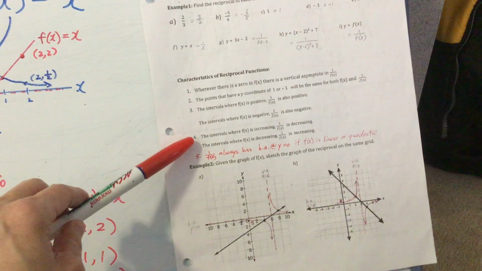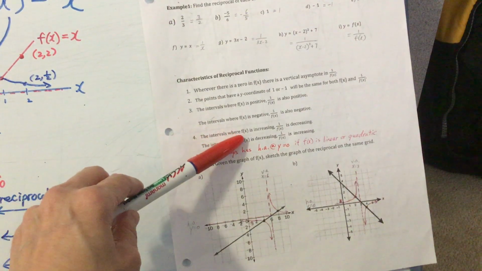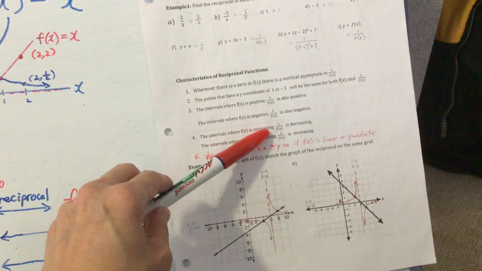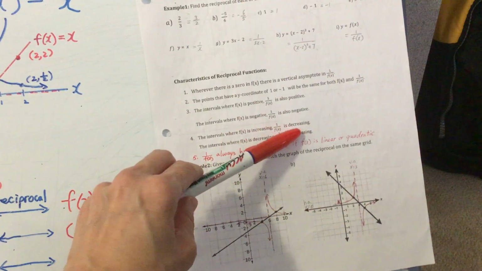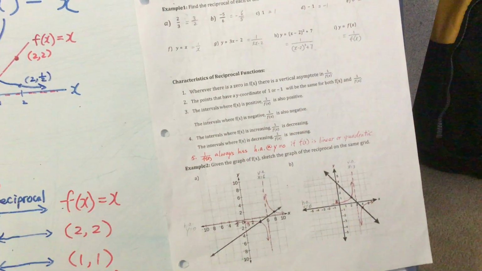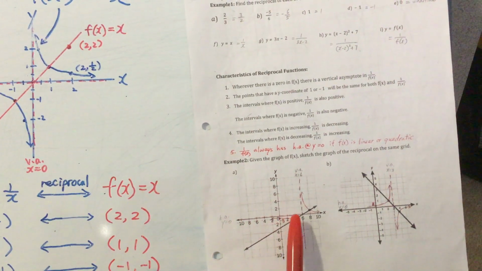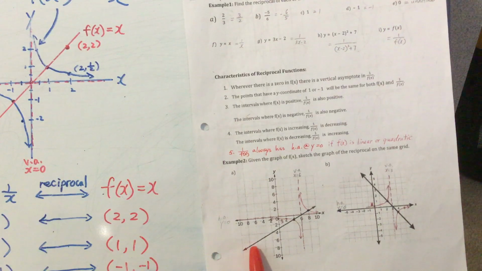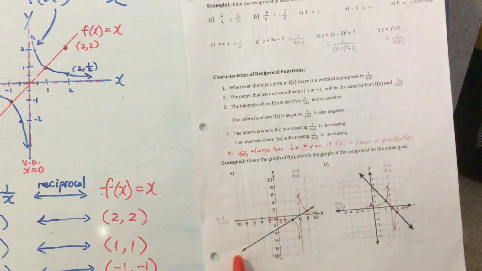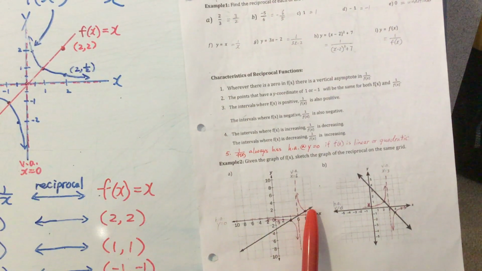And number 4 is the interval where the function is increasing, the reciprocal is decreasing. So the intervals of increase and decrease are basically the opposite of each other. So let's say the original function has an interval of increase throughout.